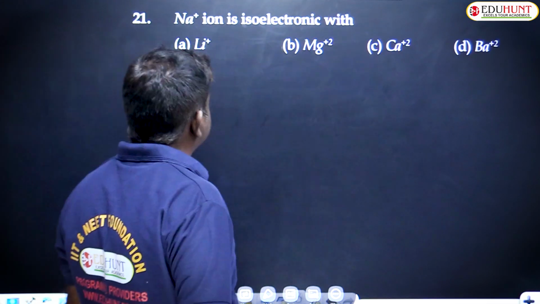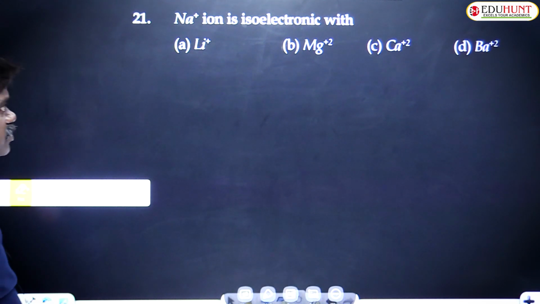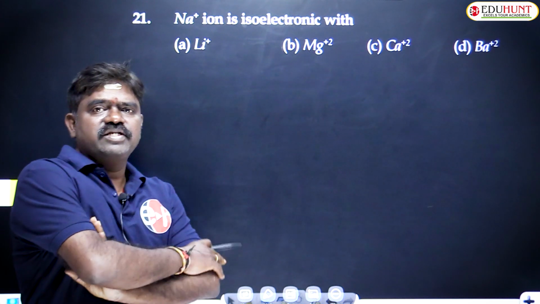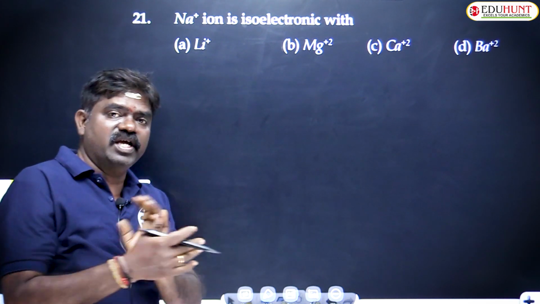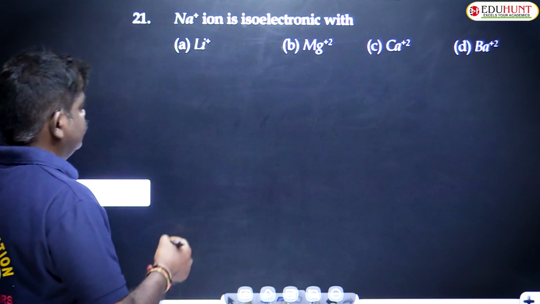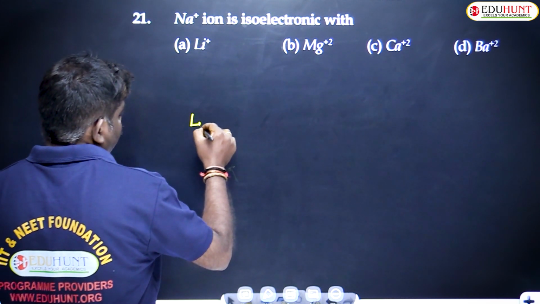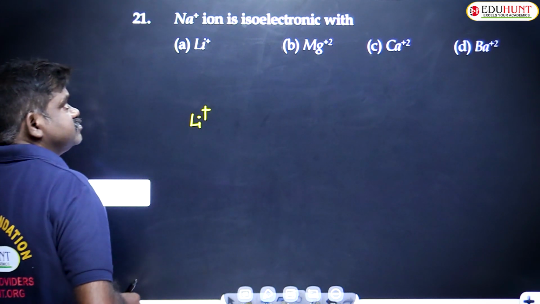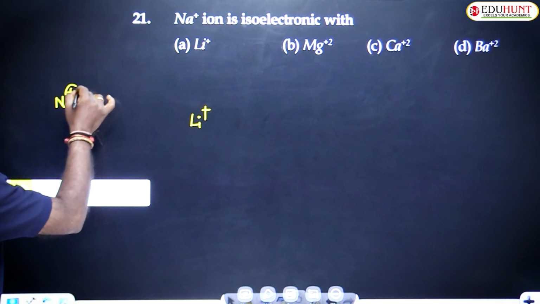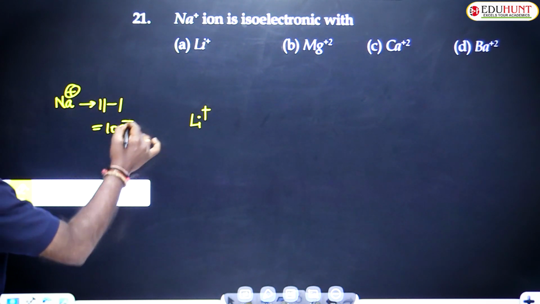Now another one. Na plus ion is isoelectronic with. Isoelectronic means ions or atoms having the same number of electrons. For example, take Li plus. Na plus: the atomic number of Na is 11, minus 1, 10 electrons.